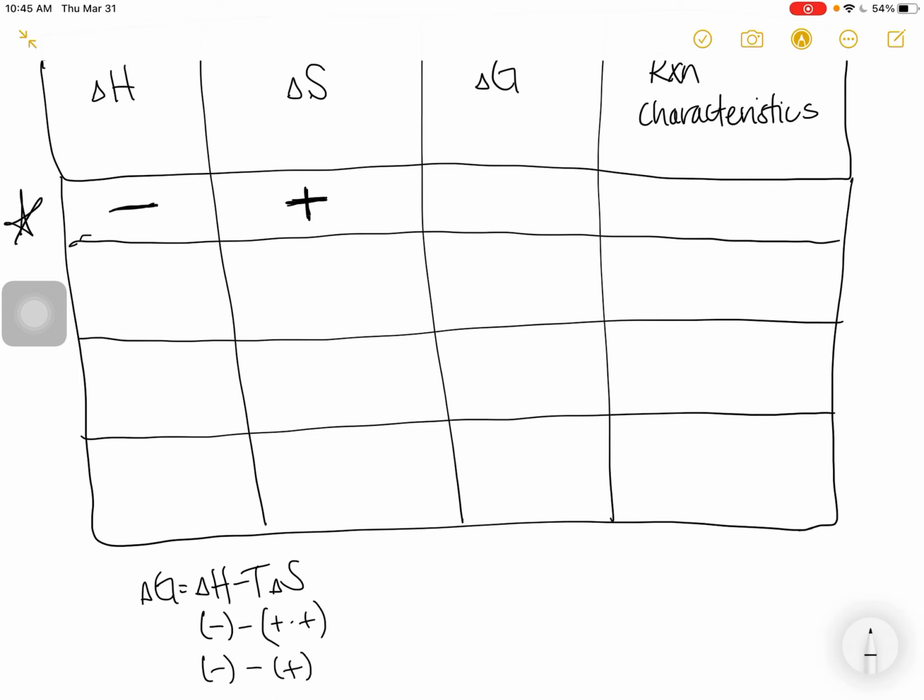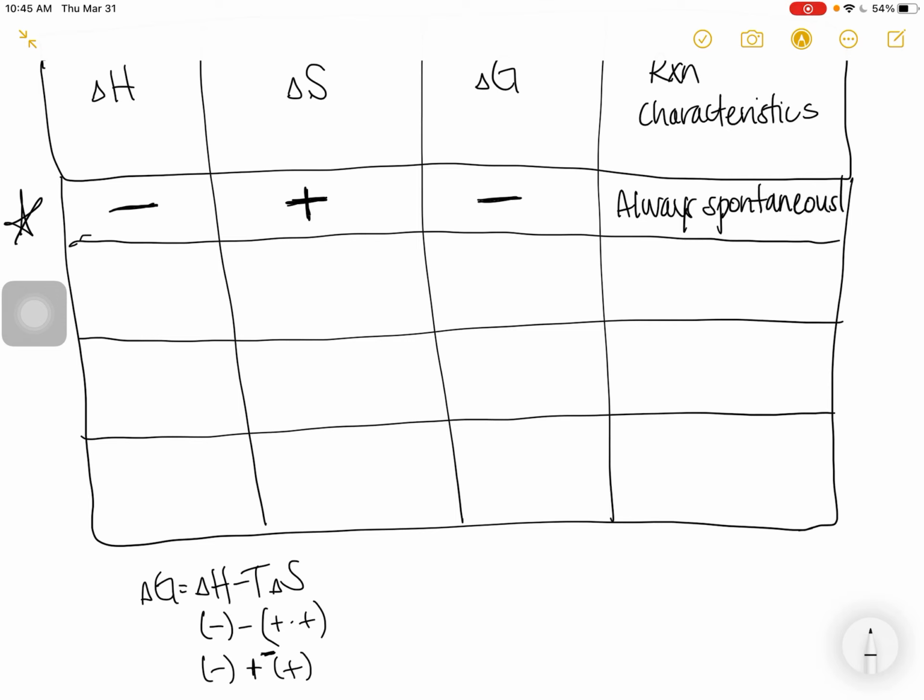So I have a negative minus a positive. A way to think about that is that subtracting a positive is the same as adding a negative. And then all of a sudden I have a negative plus a negative. And so there is only one sign that delta G could possibly be, and that is negative. And so this means that this reaction is always spontaneous.